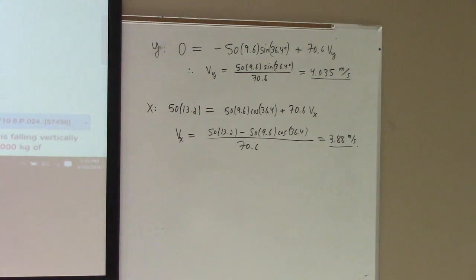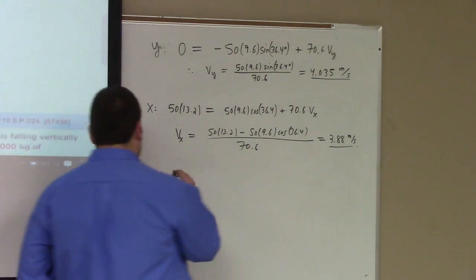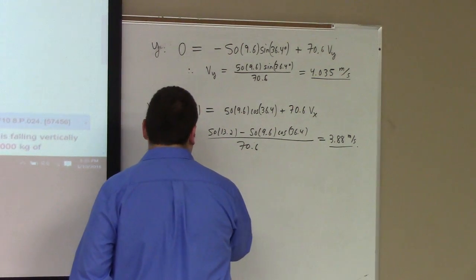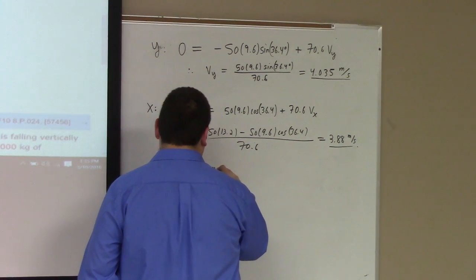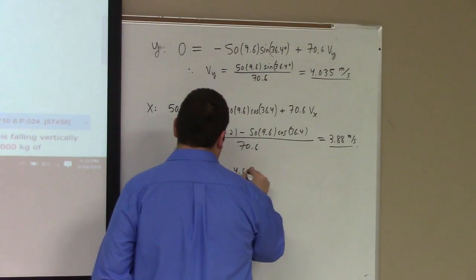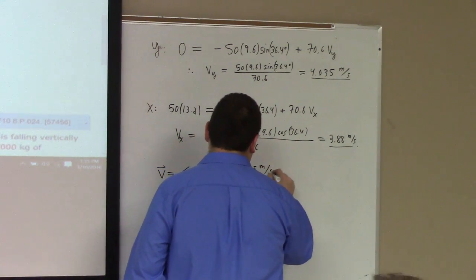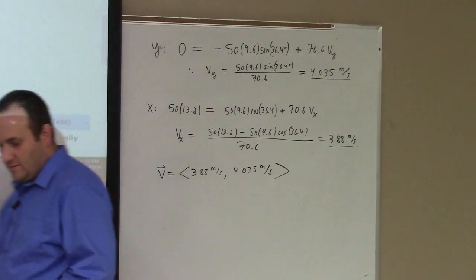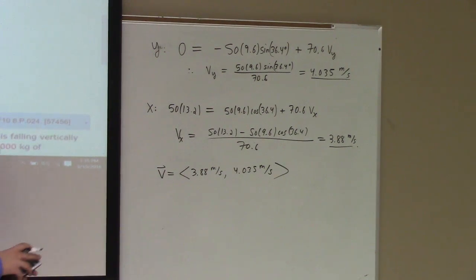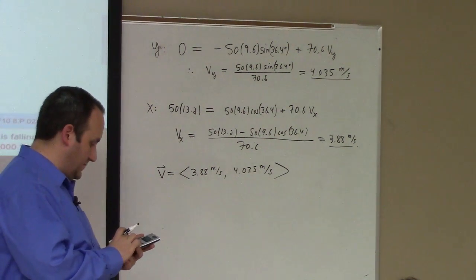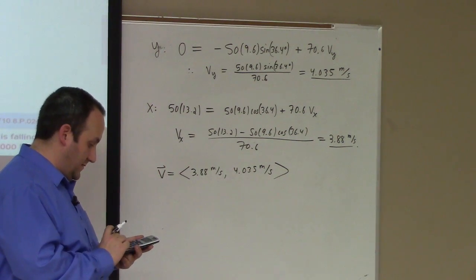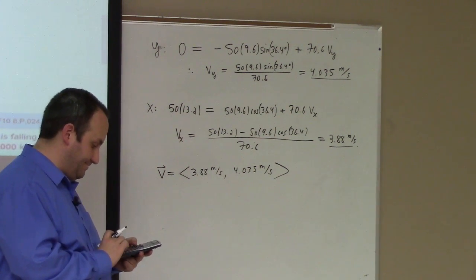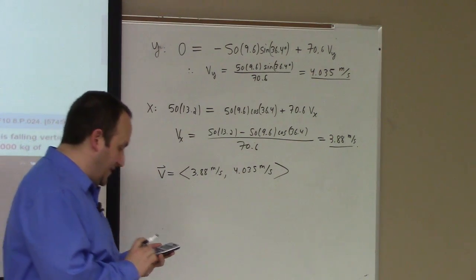Okay, so now we know his, what's Daniel's velocity? As a Cartesian vector, it's 3.88 meters per second, comma, 4.035 meters per second. How do we figure out its magnitude and direction? Same way as usual, right? So that's 3.88 squared plus 4.035 squared, and then I square root that. I get a magnitude.